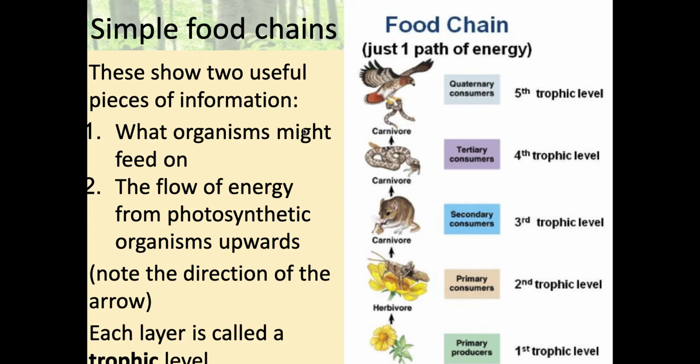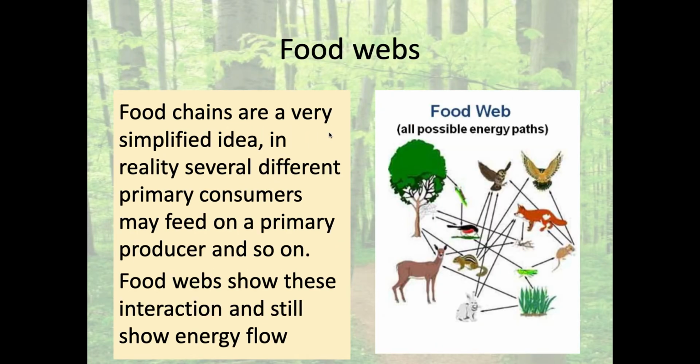So, food chains, very simple. Food webs, well, here you have the rabbit eats the grass, but so does the deer. The deer also eats foliage from the tree. The squirrel eats produce from the tree.